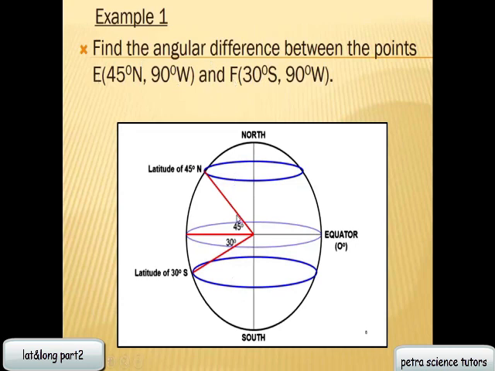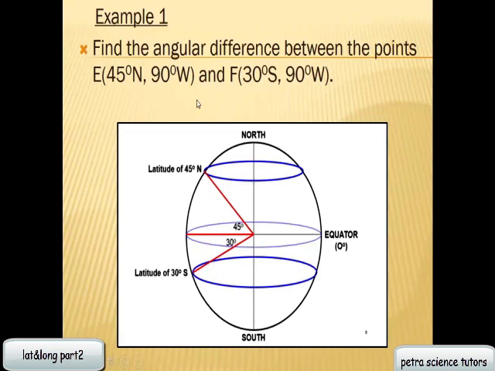From the diagram, you can see they are in different hemispheres. Point E is in the northern hemisphere, above the equator, and point F, this point here, is in the southern hemisphere. So how are we going to find it?